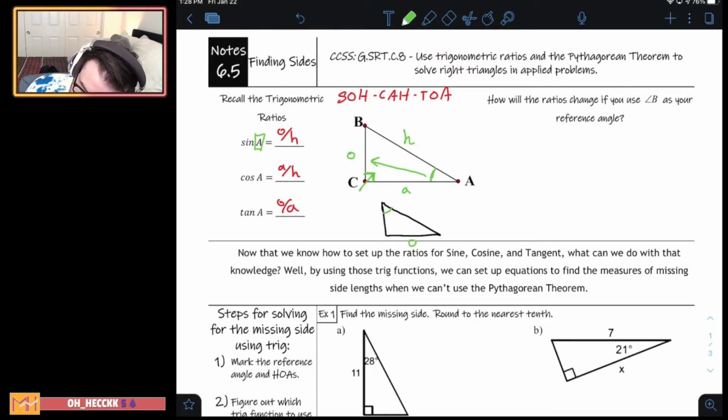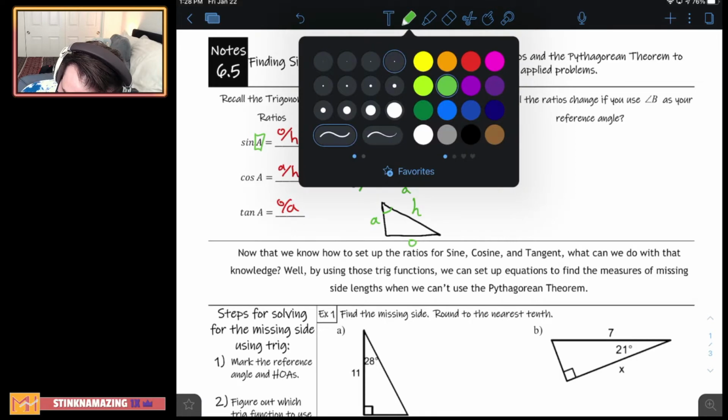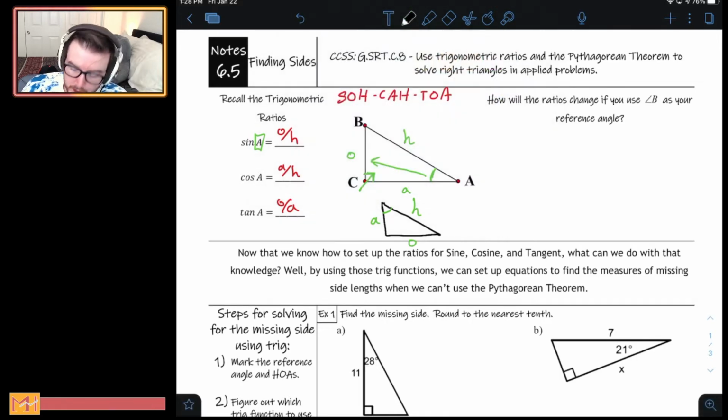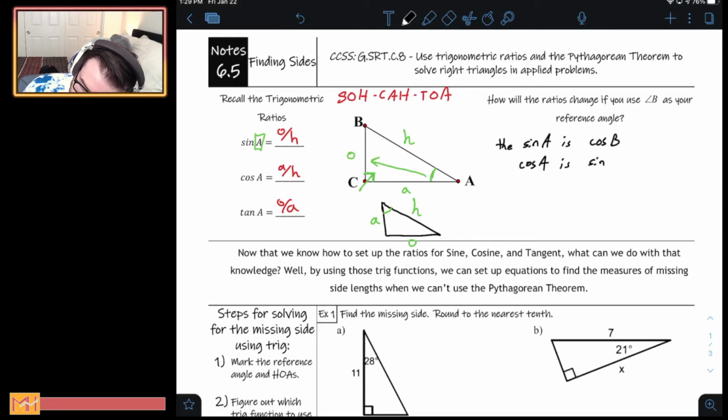This side is now the adjacent, and this is the hypotenuse. So it ends up getting flip-flopped for angle B, right? The sine of A is cosine of B, and the cosine of A is the sine of B.